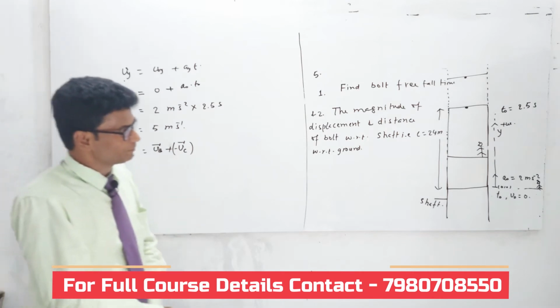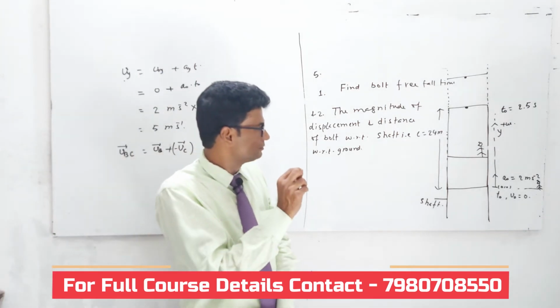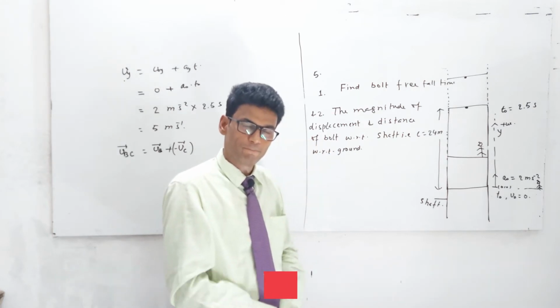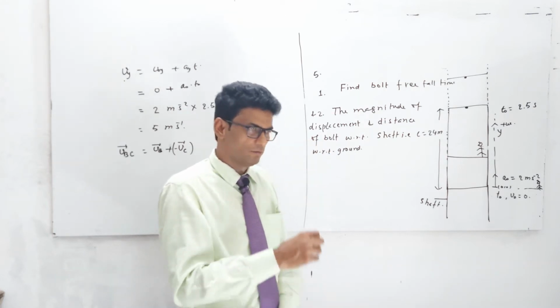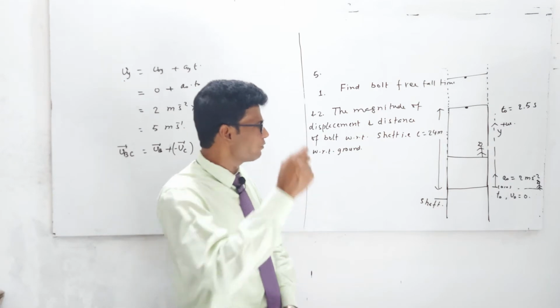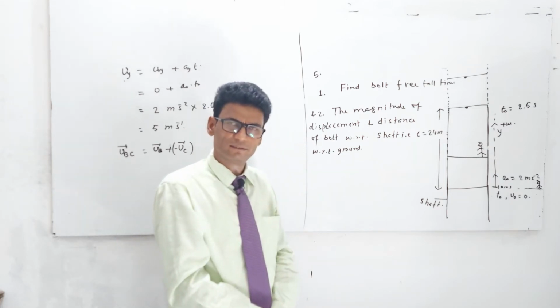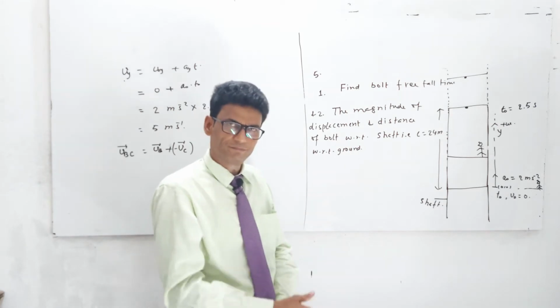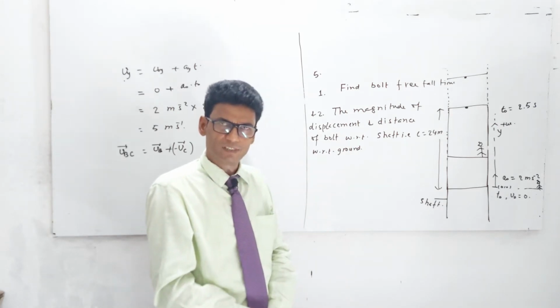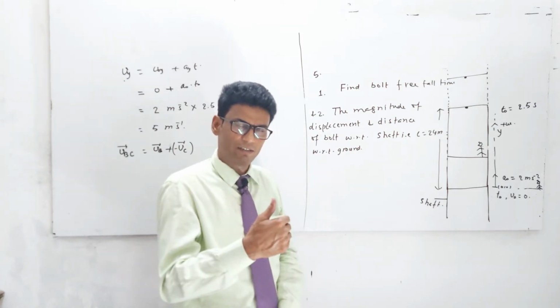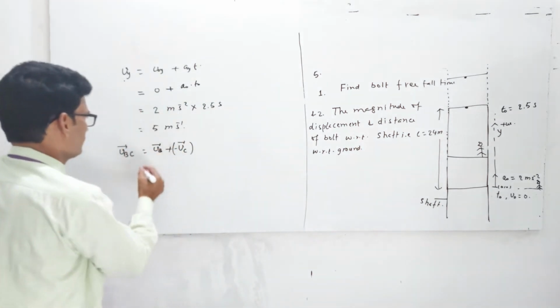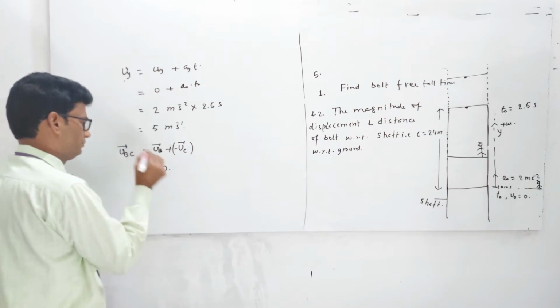So at t is equal to t0, say 2.5 second, we may think just before detachment, both the cabin and the bolt have the same velocity in the upward direction. So this comes out to be 0.